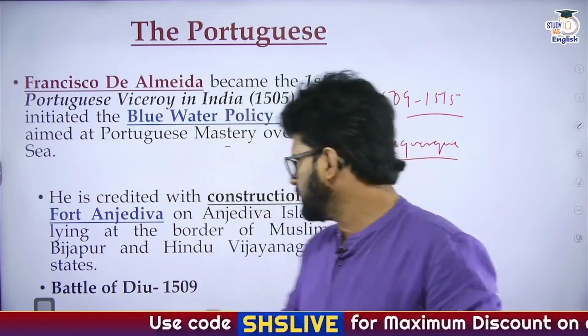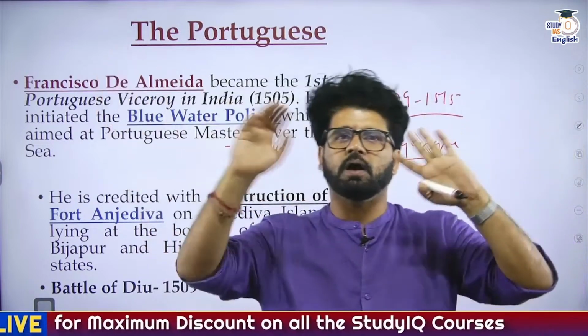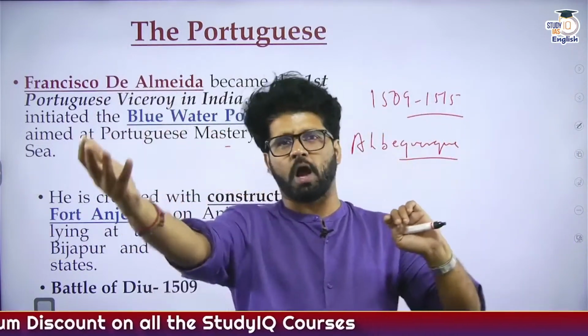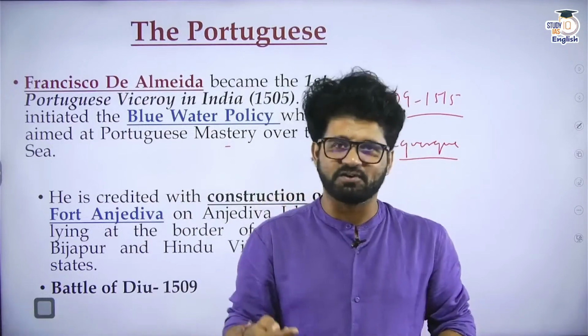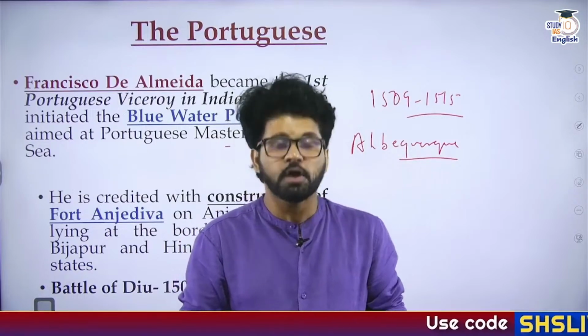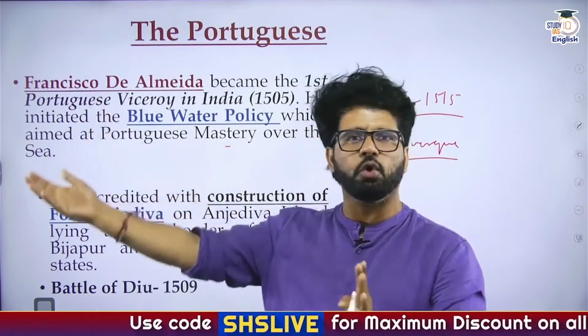So he will capture Goa in 1510, and then later on, another Portuguese viceroy will come, Nuno de Cunha. So again, my Portuguese friend, if you're preparing for UPSC CSE and you're watching this video, pardon me for the pronunciation. So Nuno de Cunha will shift the Portuguese capital from Kochi to Goa in 1530.